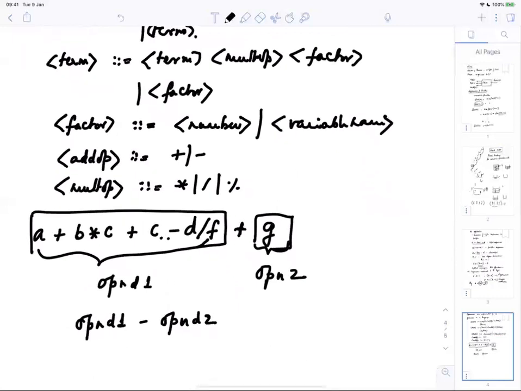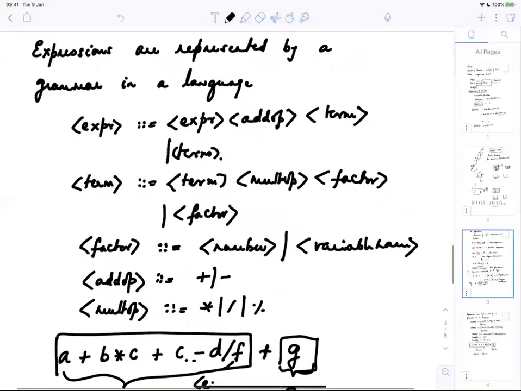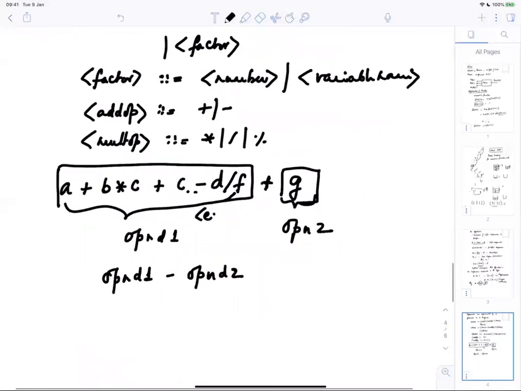Now you look at this part. This is again an expression, because there is a recursive definition over here. So I will do a plus b star c plus d, sorry, a star b plus c plus c minus d.